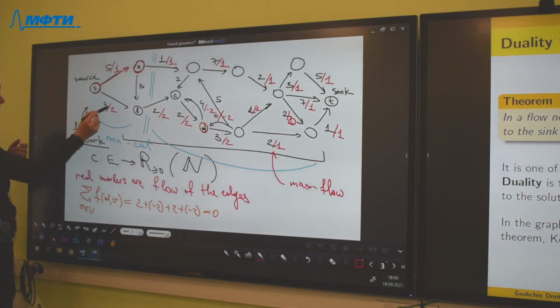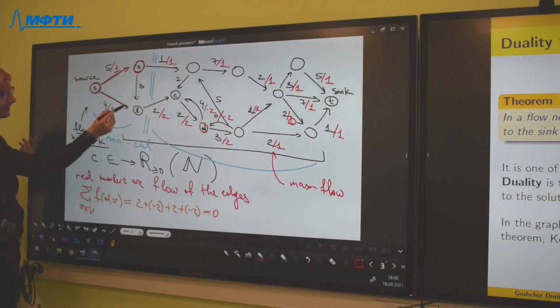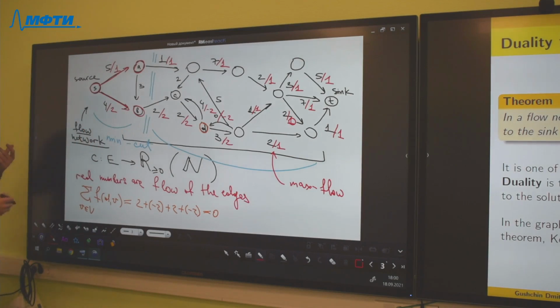And we see that 4 minus 2 is equal to 2, and we can go from the source to B using this edge in the residual network too.